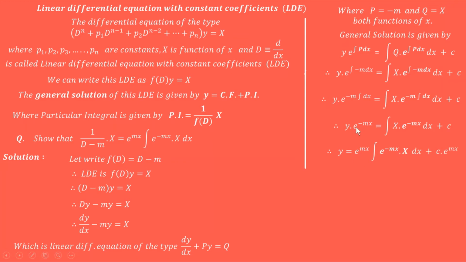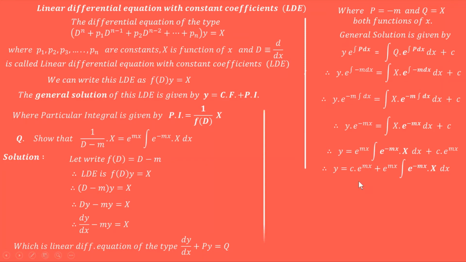Transfer this e^(-mx) to that side. So its power will become positive, and so we get y = e^(mx) ∫ e^(-mx) X dx + c e^(mx). We can write this y = c e^(mx) + e^(mx) ∫ e^(-mx) X dx.